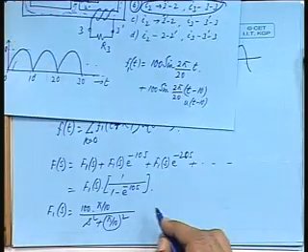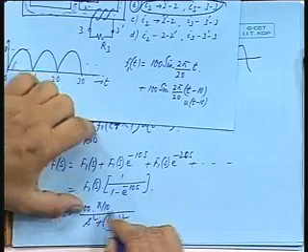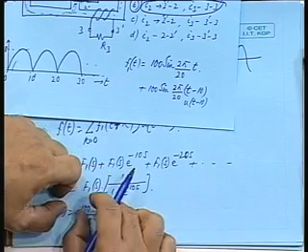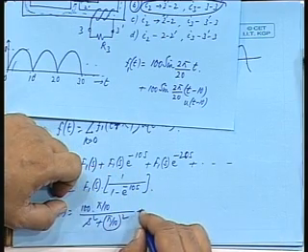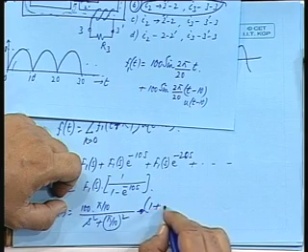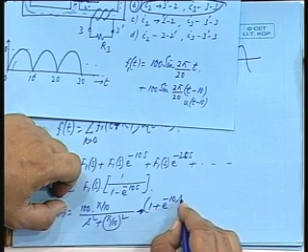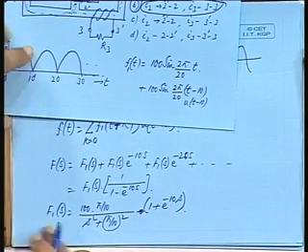This is the Laplace transform of this part, and for this part the same thing shifted by 10 seconds. So, it will be this plus this into e to the power minus 10s. So, combining the two, this is F1(s).